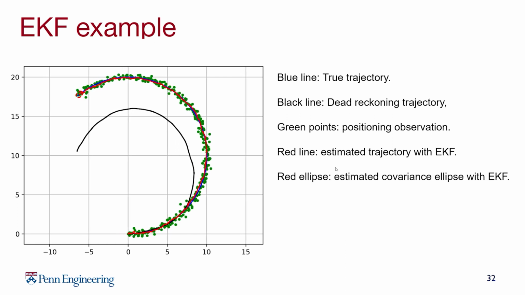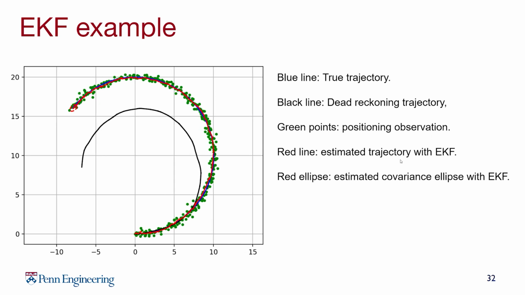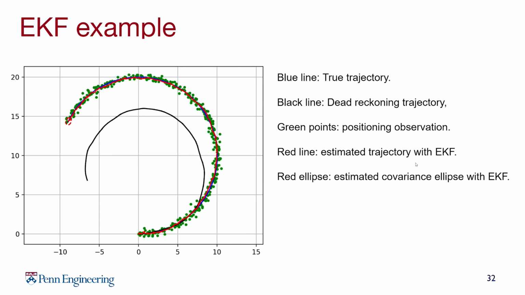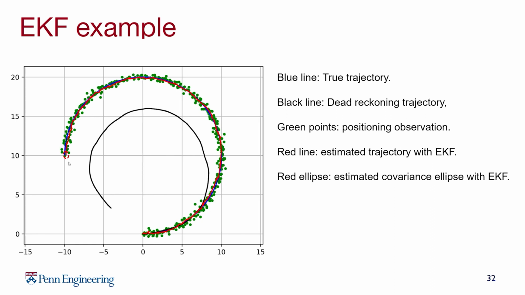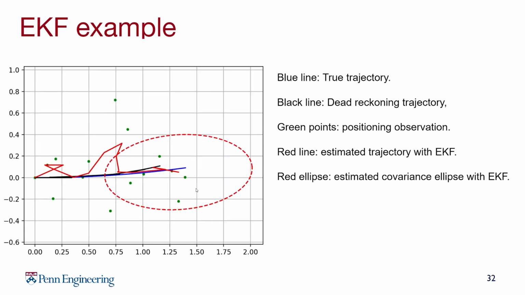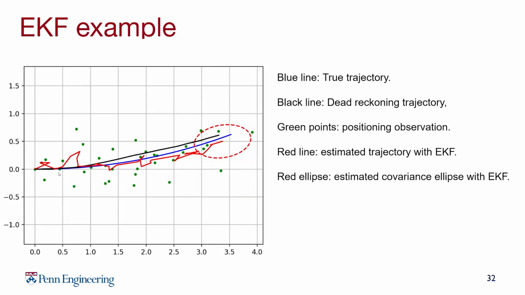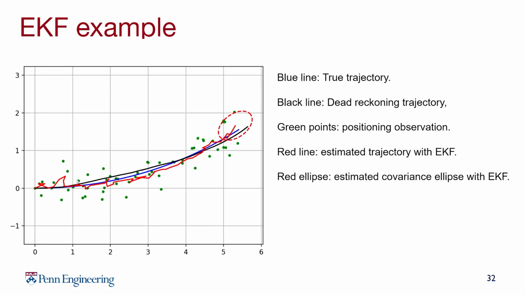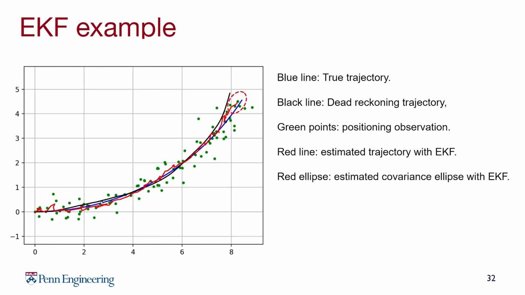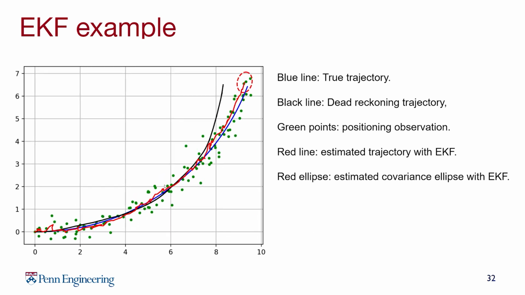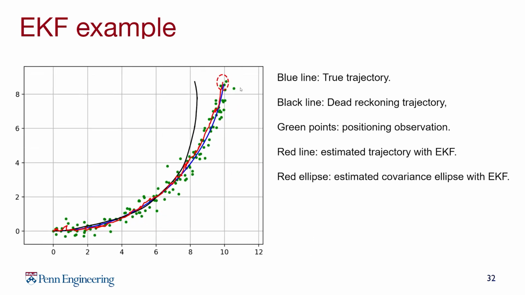The red line is the estimated trajectory with the extended Kalman filter, and the red ellipse here shows the estimated covariance with the EKF. At the beginning, it can be very noisy because the measurement itself has some deviation from the true trajectory.